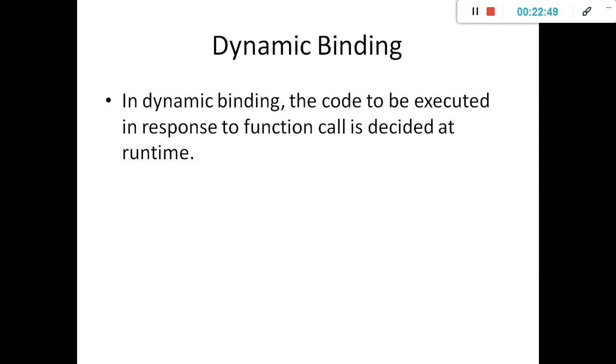At runtime anything can happen, and I can call anybody depending on the situation. That is nothing but dynamic binding. That is, the code to be executed in response to the function call is decided at runtime. When you actually implement that particular code, at that time we will decide which function is to be called.